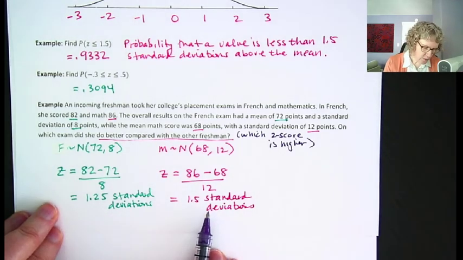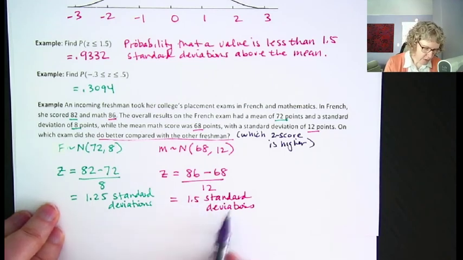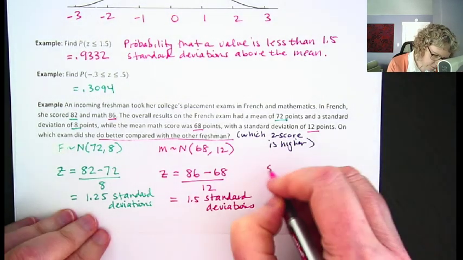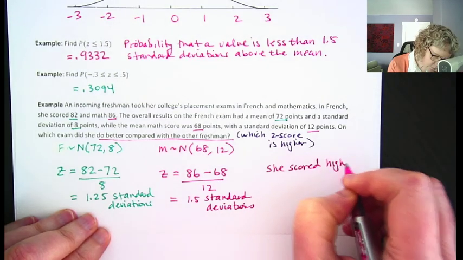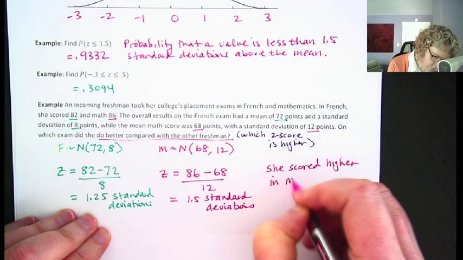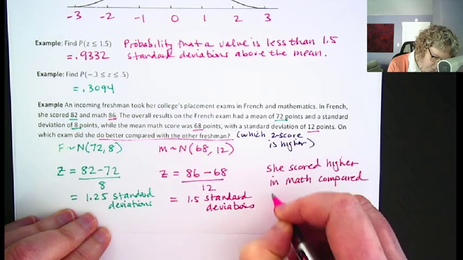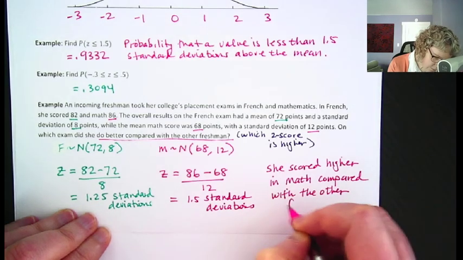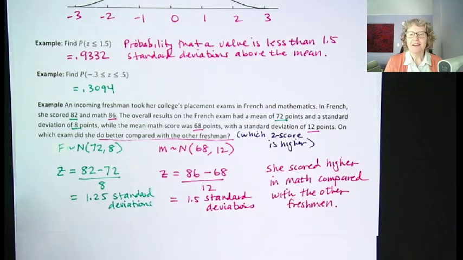And in math, she scored 1.5 standard deviations above the mean. So in math, she scored better compared with other freshmen. I think it should be freshmen. Okay. All right. Try this out, and I'll see you in the next video.